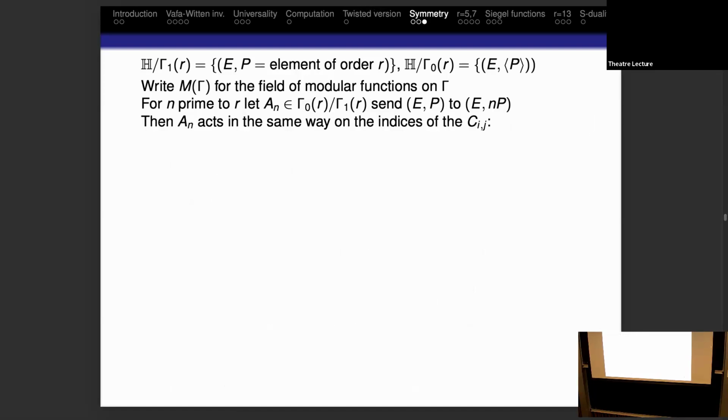So the claim, or the conjecture, is that this element acts on our universal power series by acting on the indices of our universal power series C_ij, so that these things are connected. So the modularity is in the way it interchanges and acts nicely on our universal power series.